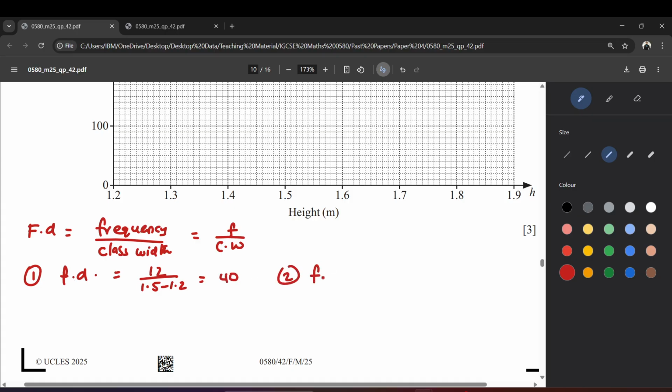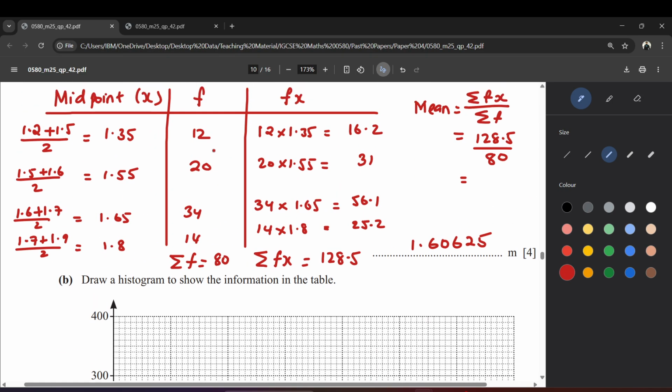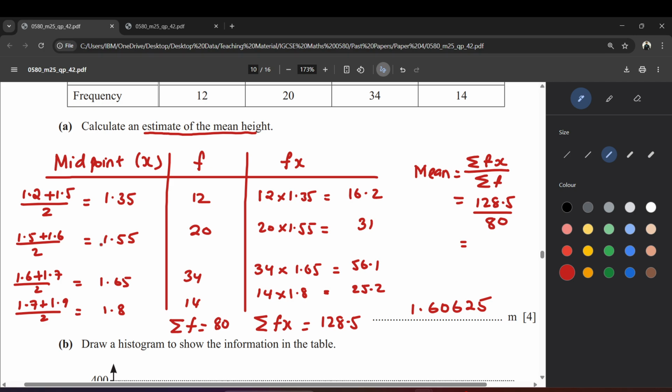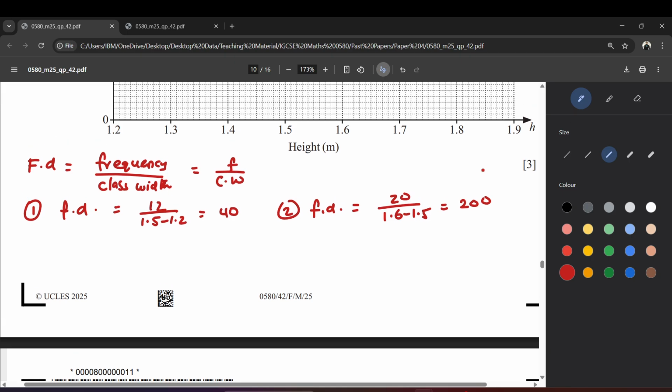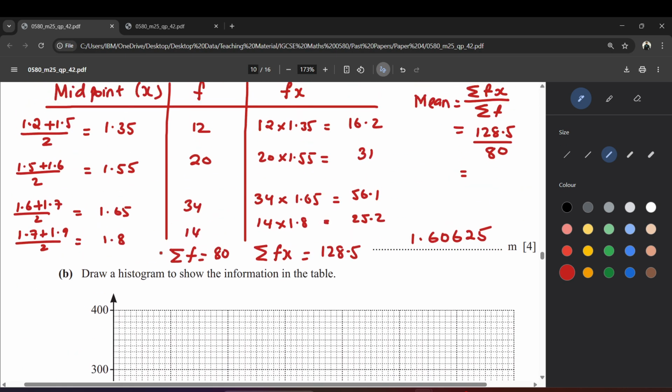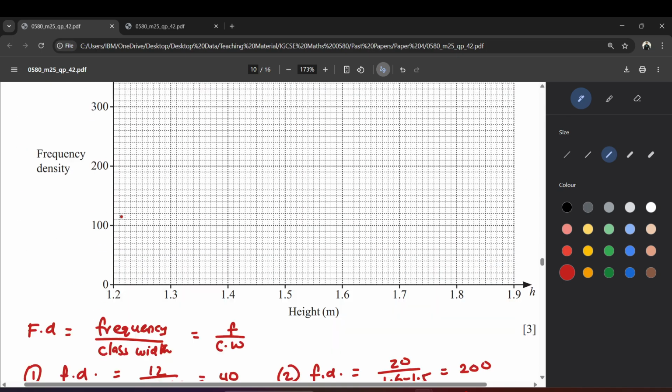Number 2, FD equals, okay, so for number 2 the frequency is 20 and class width is 1.6 minus 1.5. So that means 20 divided by 0.1, so that should be 200. Number 3, 34 and 1.6, 1.7.